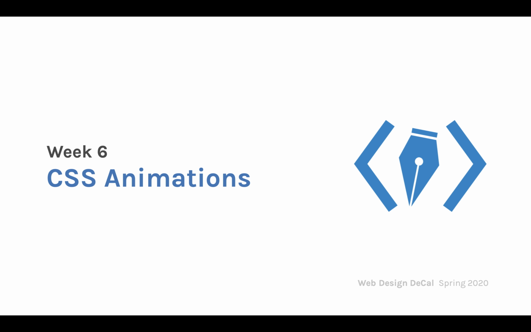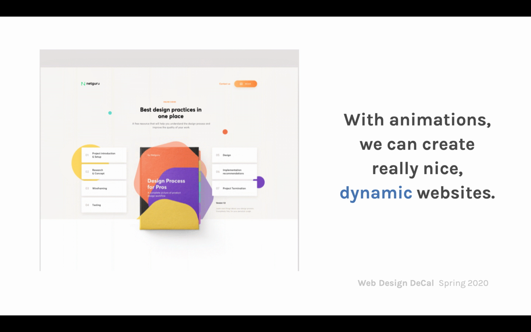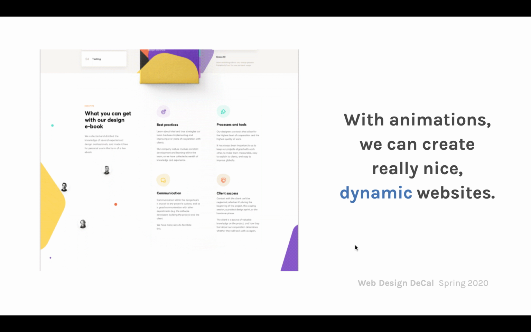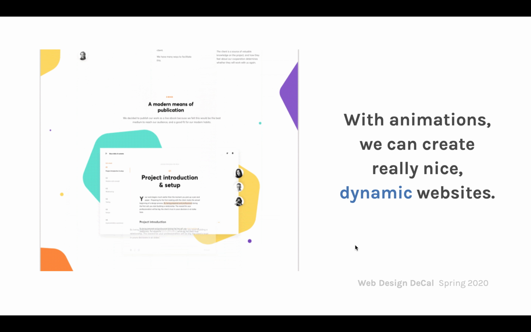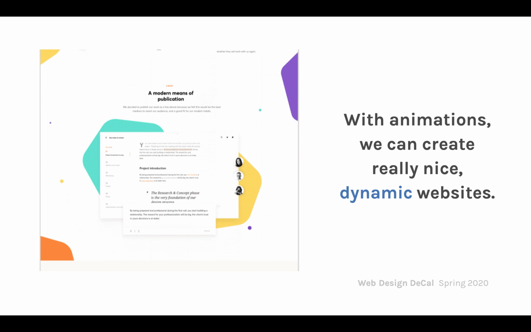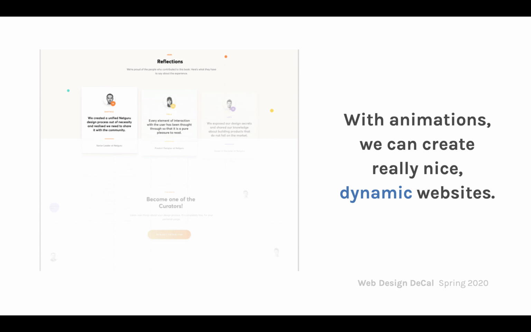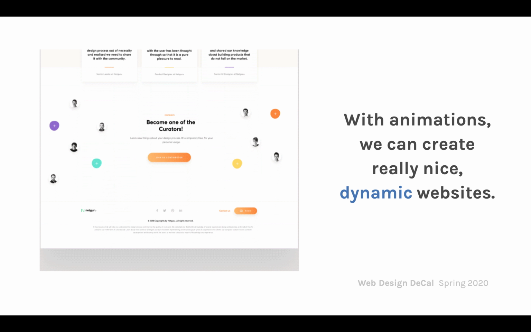So yeah, let's jump right into it. With animations, we can create really nice dynamic websites. Right now, with your knowledge, what you guys have been creating so far with the group project and all these previous homeworks, we've been making static websites, which means it just doesn't move or anything.